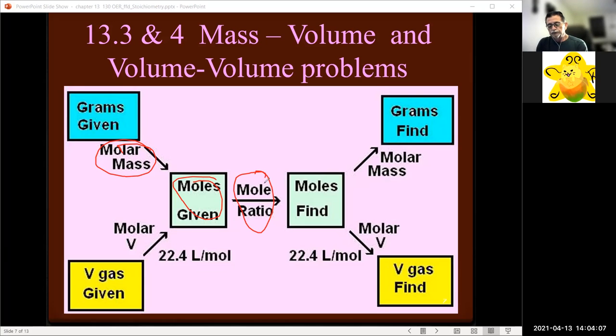Okay, so the mole ratio, which comes from the stoichiometry of this reaction after it's balanced, then leads us to the moles that we're trying to find. Okay. And then from that, knowing the molar mass, which you should be able to calculate because hopefully you know the formula, which brings us back to writing formulas is what we've been doing.